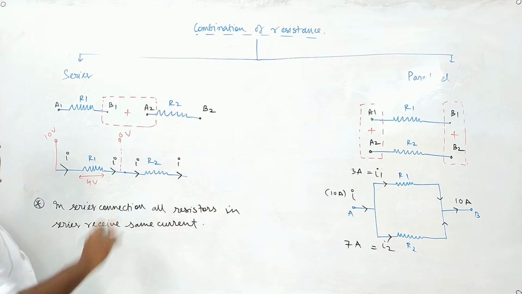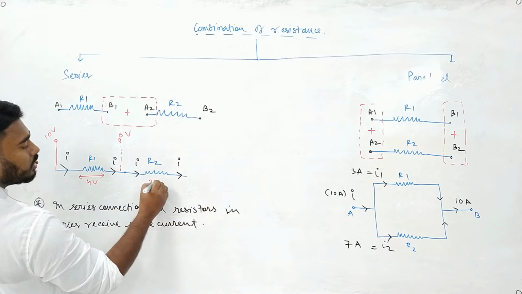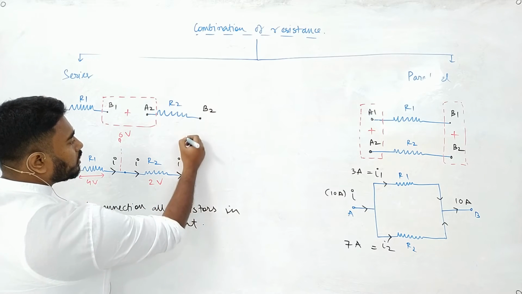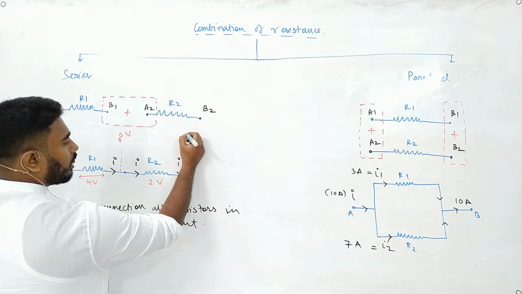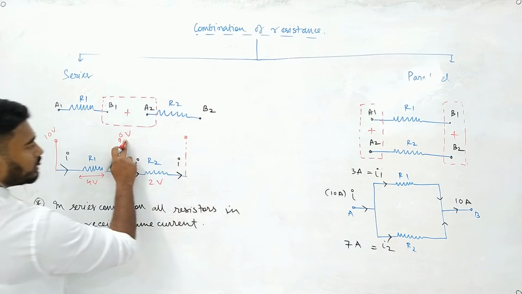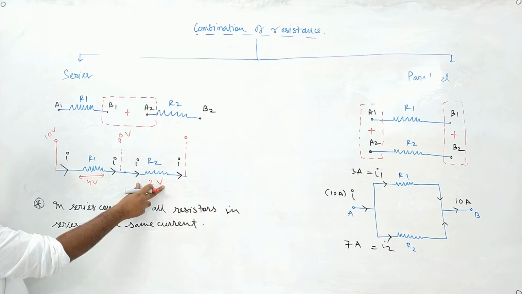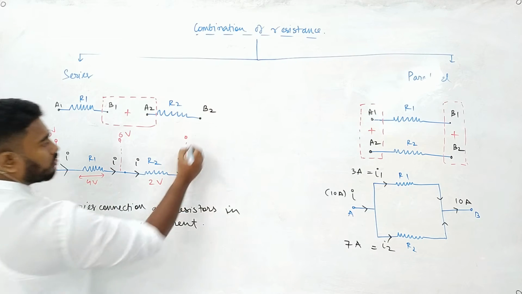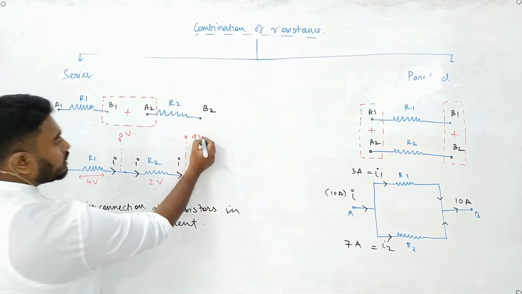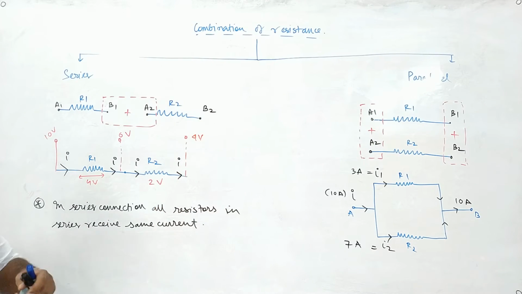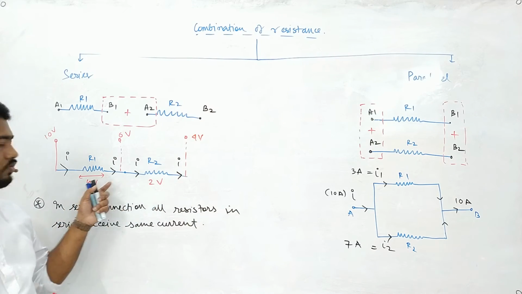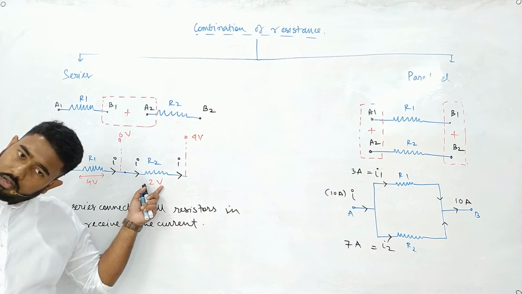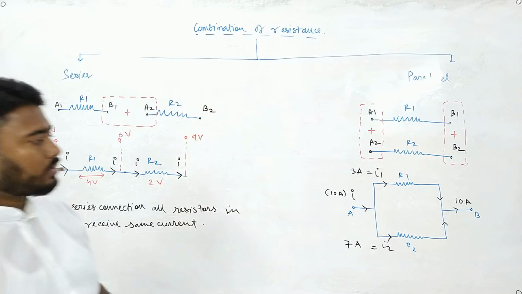Now when it crosses this resistance, suppose it uses 2 volt, so 6 minus 2, how much will remain? 4. So what we see is that the voltage across various components may or may not be the same. Is that clear?